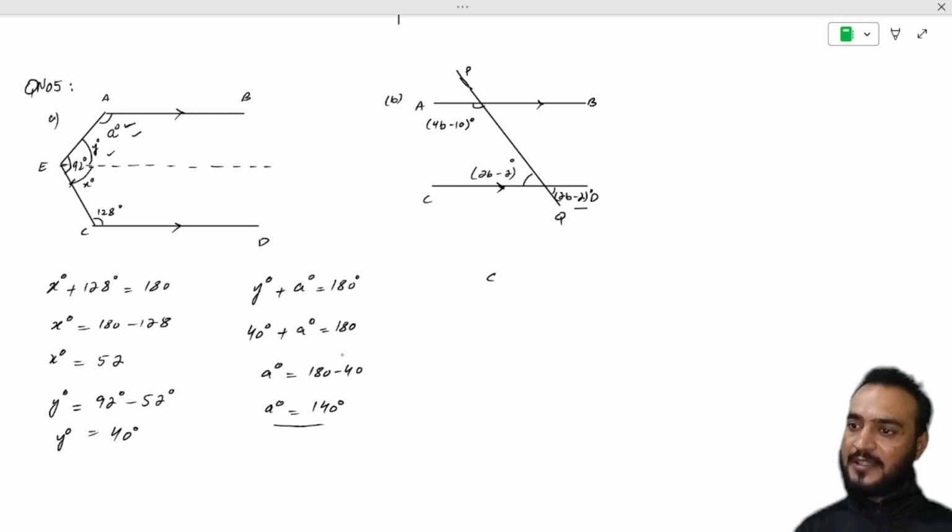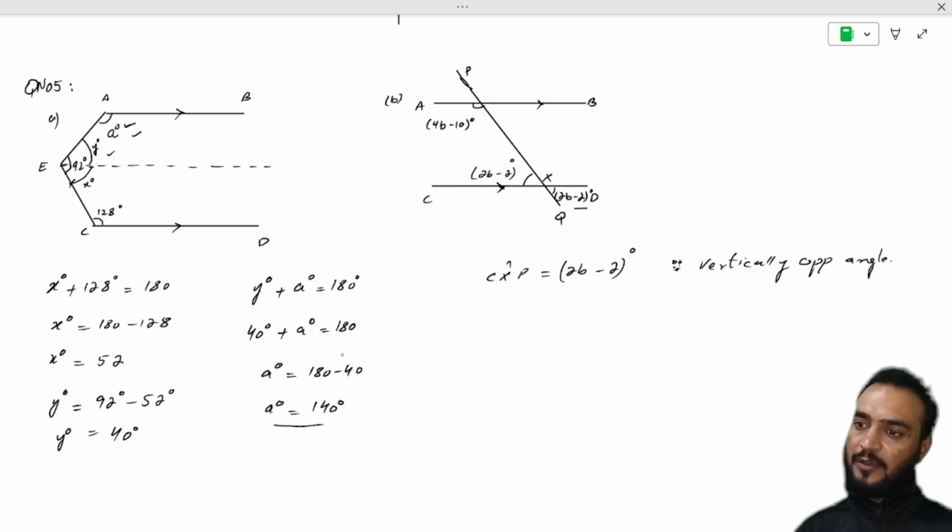So the angle C, let us say this point is X, CXP is equal to 2b minus 2 degrees, because these are vertically opposite angles. If they are vertically opposite angles, then they are equal. So this angle is 2b minus 2 degree.